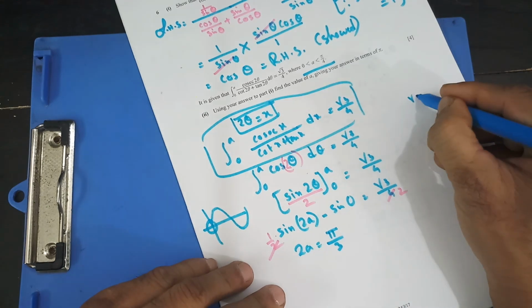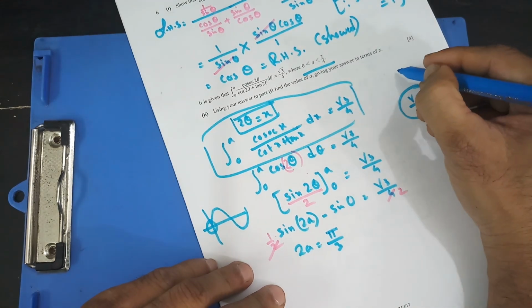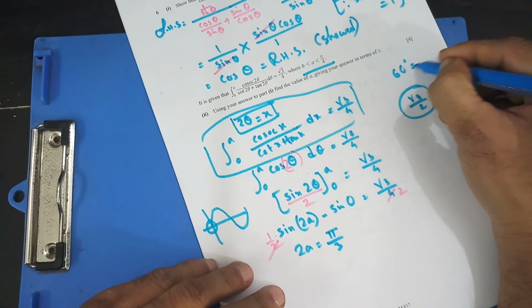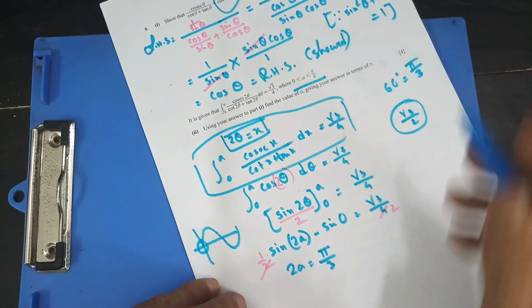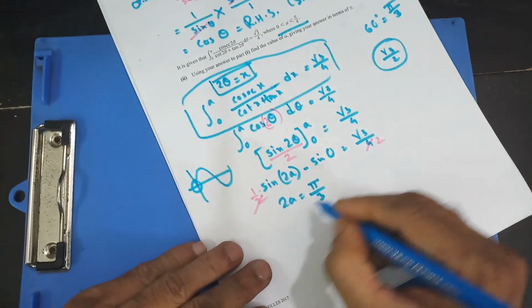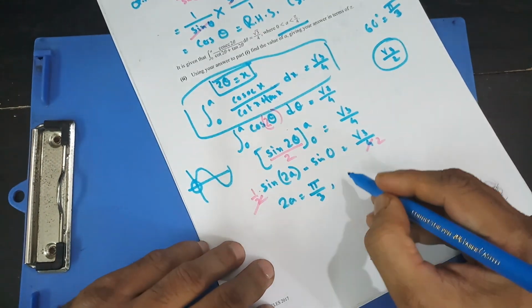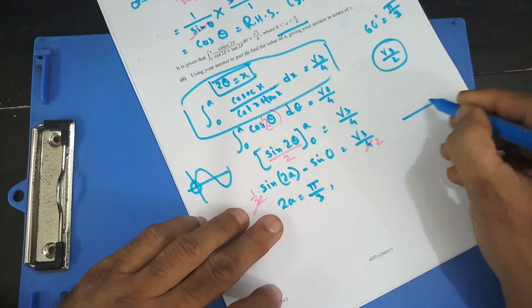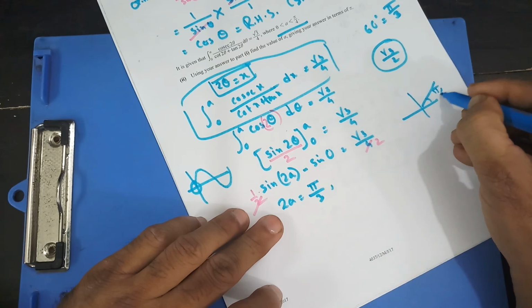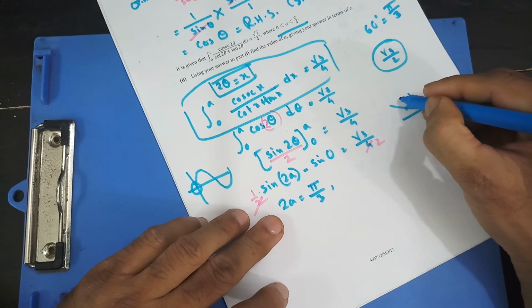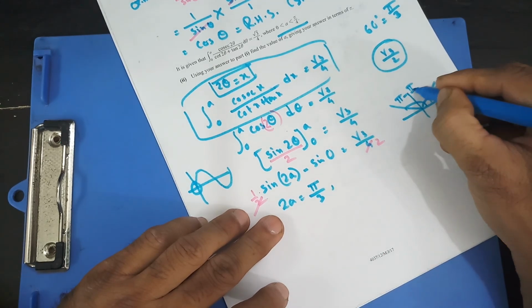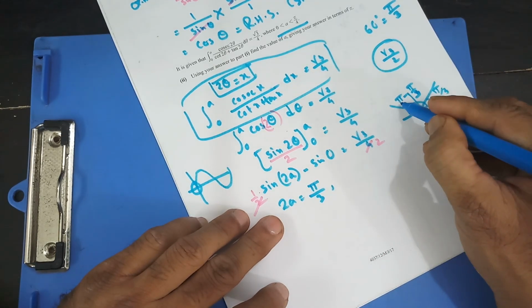That root 3 by 2 is sine 60, and 60 degrees equals pi by 3. 180 divided by 3 is 60. So that's that. And then there is another positive value. Since this is positive, this is going to be pi by 3, and another one is going to be pi minus pi by 3, and that's going to be 2 pi by 3.